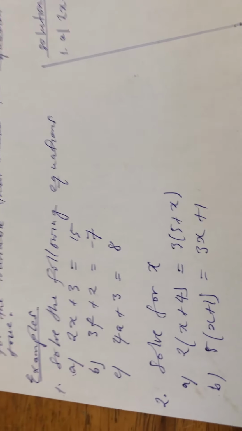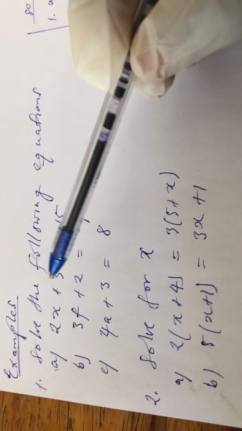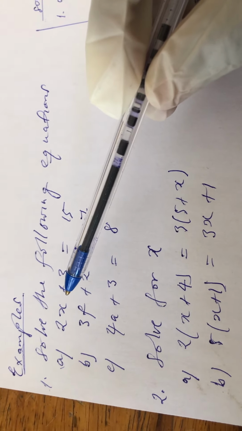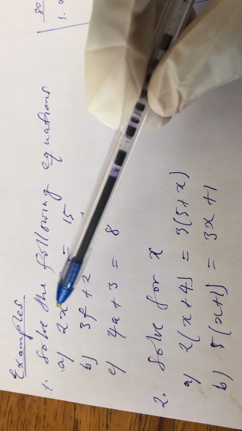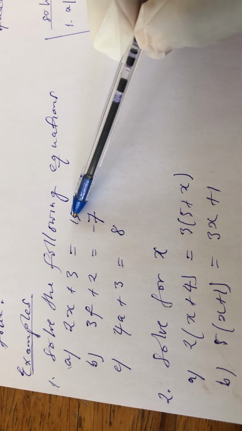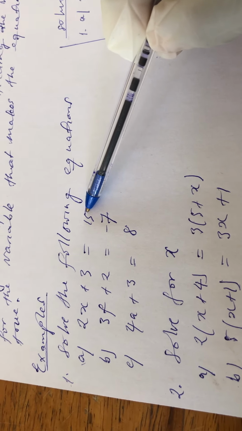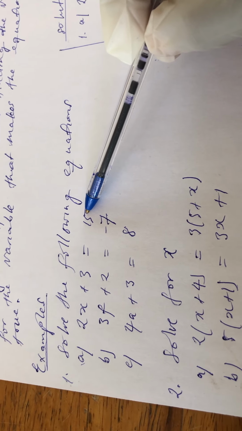Okay, look at these examples that we are given. What you have here, these are examples of equations. And this is read as 2x plus 3 is equal to 15. This is an equation, or that is an algebraic equation, okay?